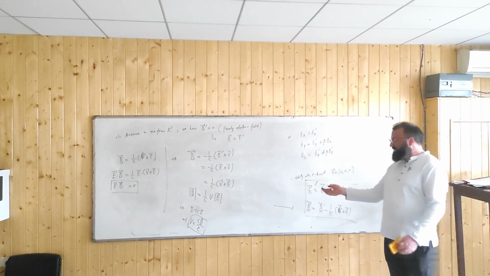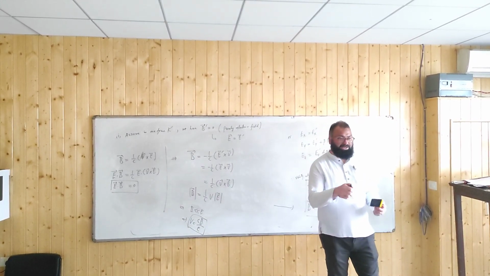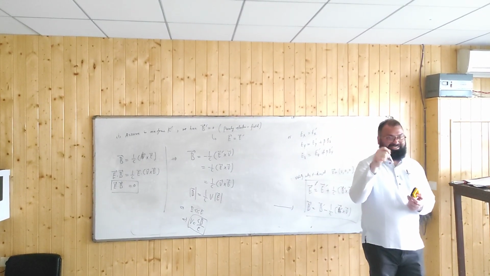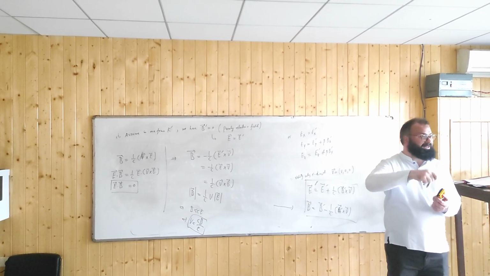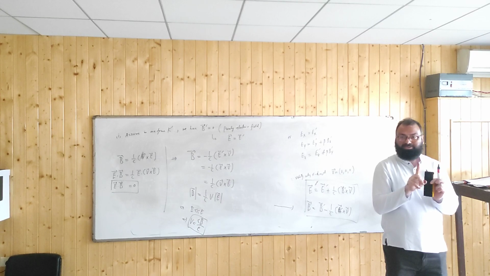And the velocity will be given by simply the B by E ratio. Clear? So think of now these two parallel conductors. You say they attract or repel each other. So that means there is work done.